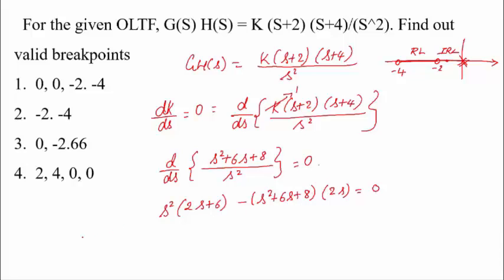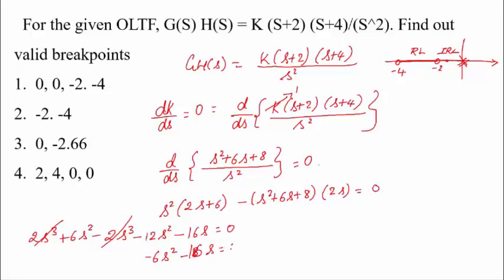So that s power 4 will be gone. What you are left with is 2s cube plus 6s square minus 2s cube minus 12s square minus 16s, which equals 0. So this 2s cube and 2s cube I can cancel. What I am left with is minus 6s square minus 16s, which equals 0.